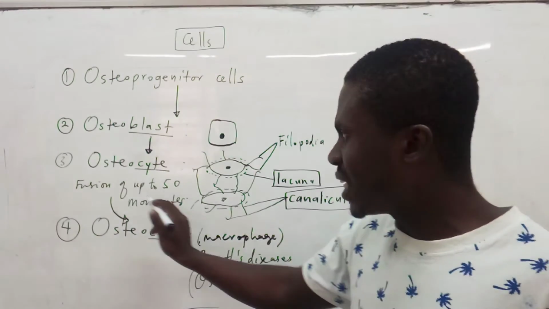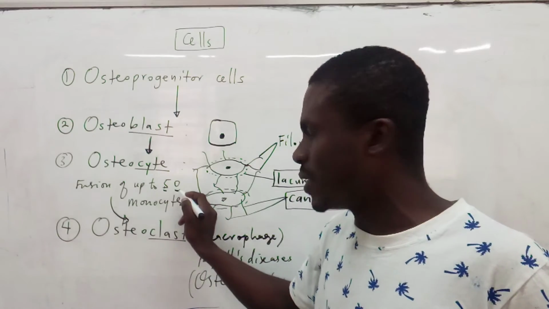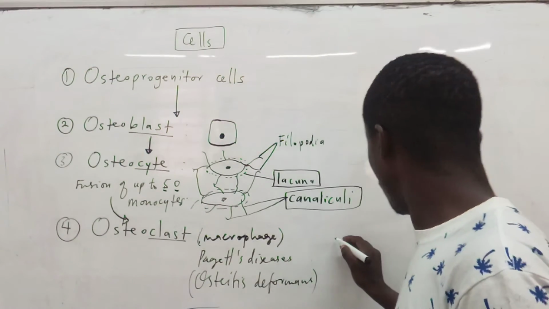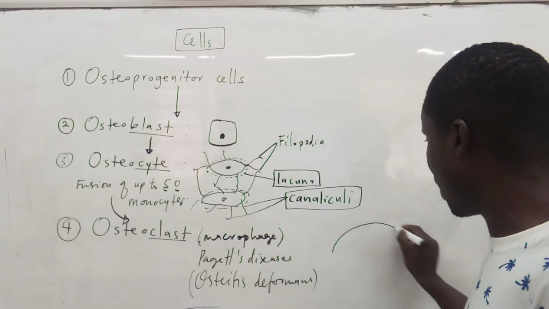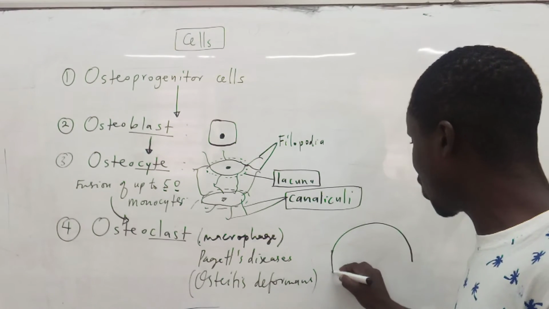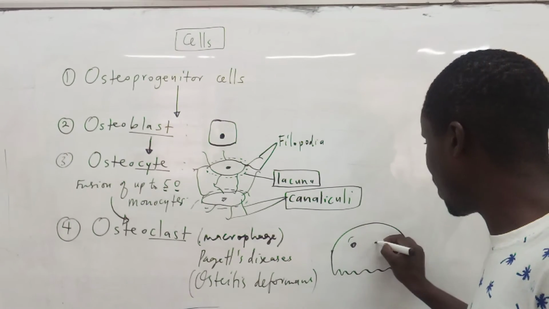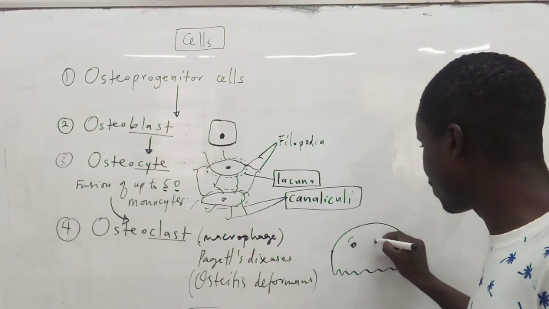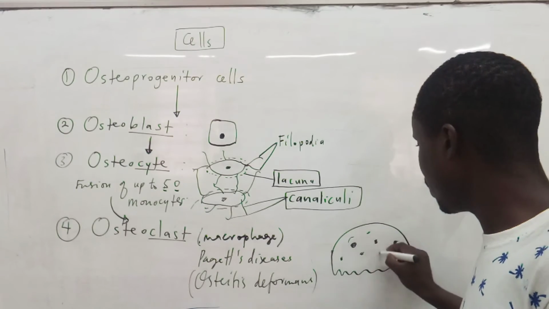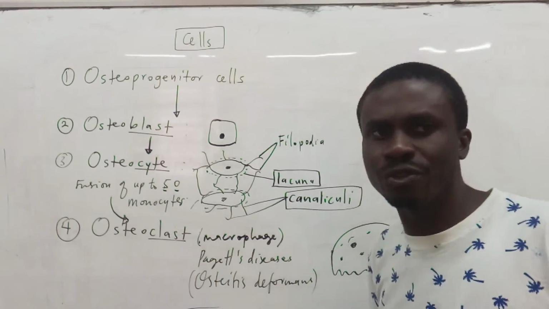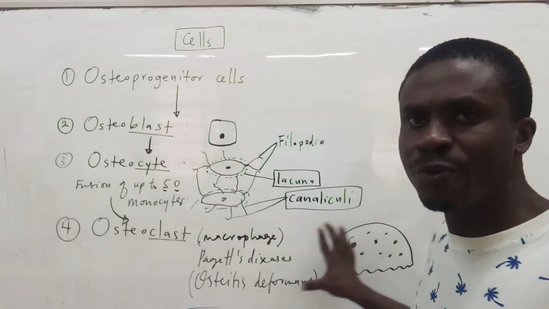Now, I told you that there's fusion of up to 50, so it can be 5, 10, whatever, up to 50 monocytes. And so we form a very giant cell with several nuclei and a lot of organelles in it, helping in bone resorption.